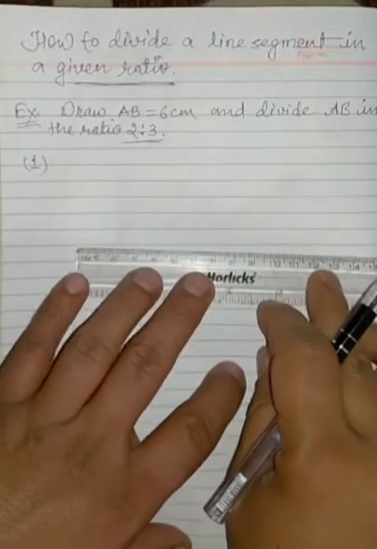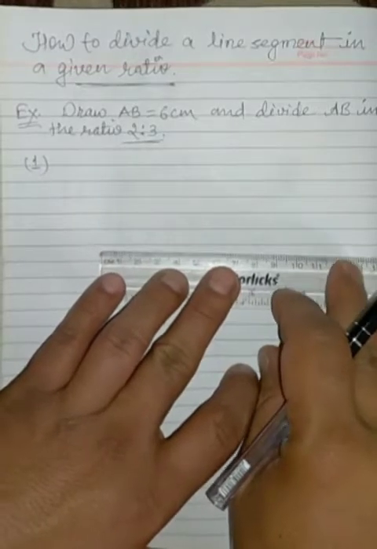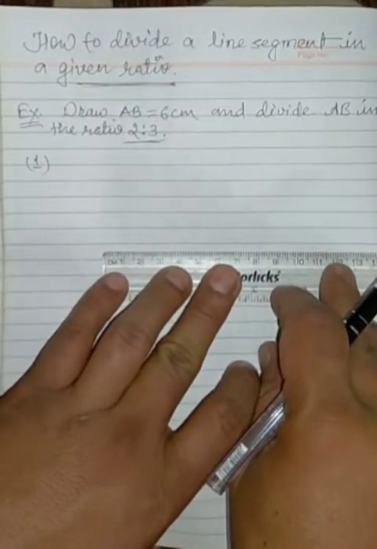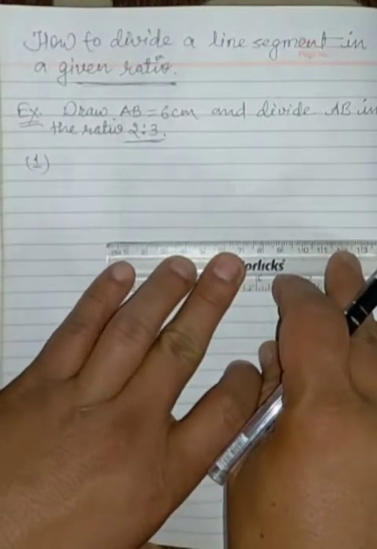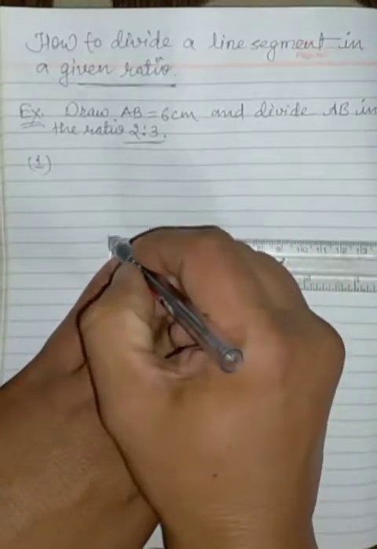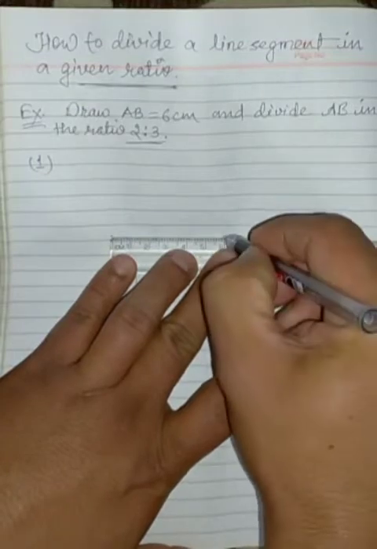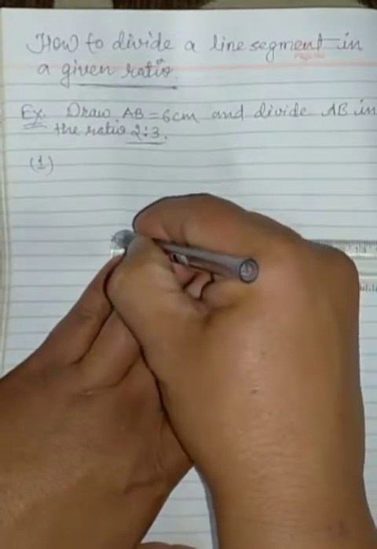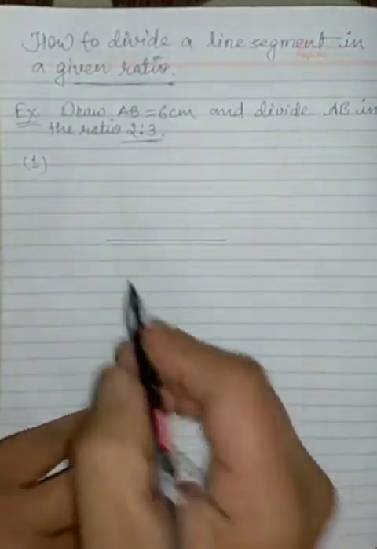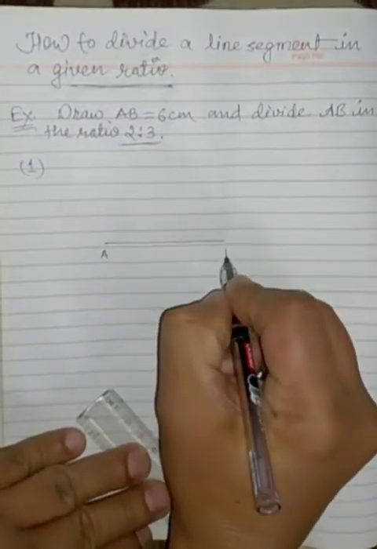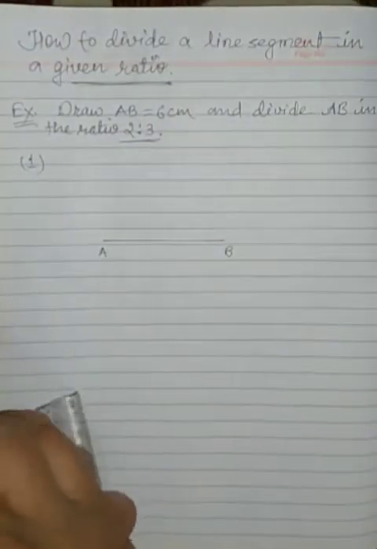First, draw the line segment AB equal to 6 centimeters. It is our line segment AB of 6 centimeters.